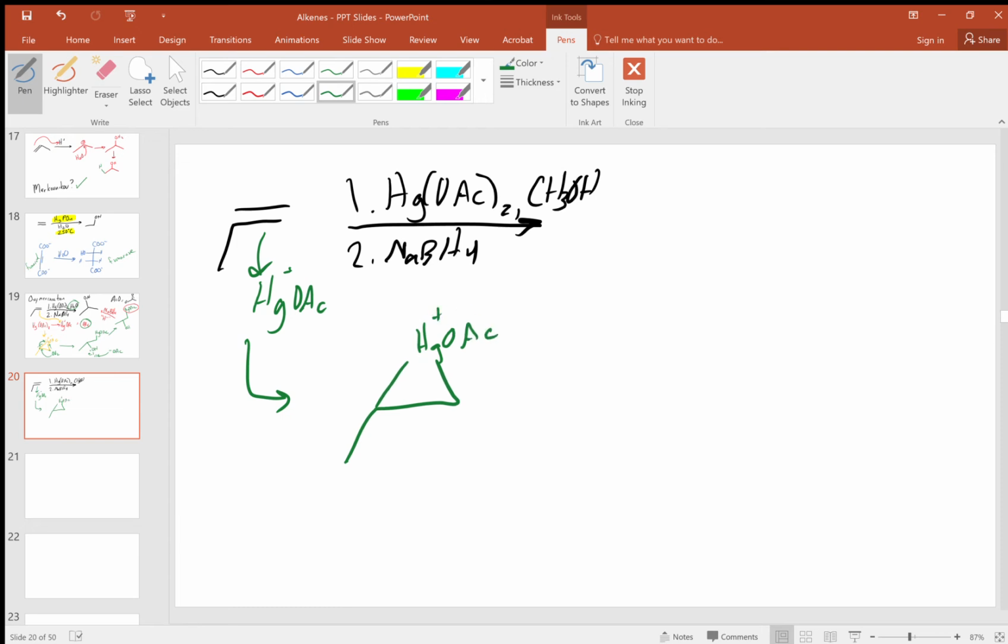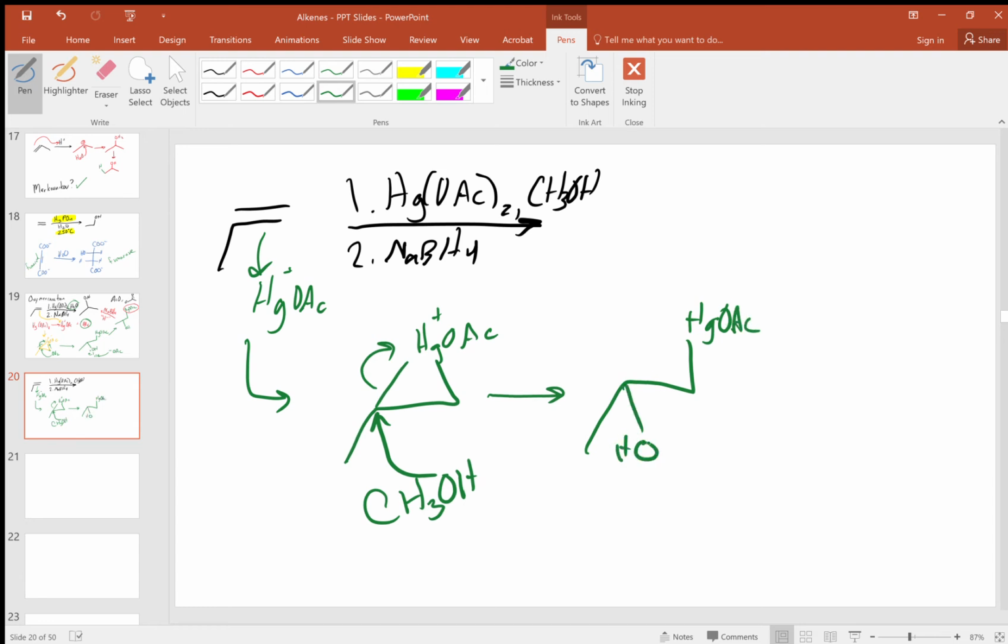But now, with there being no water present, water can't be the nucleophile. And instead, methanol is, or whatever alcohol we would choose to add. It's still going to add at the same position. Opens up the three-membered ring. And then our oxygen cation can lose a proton.